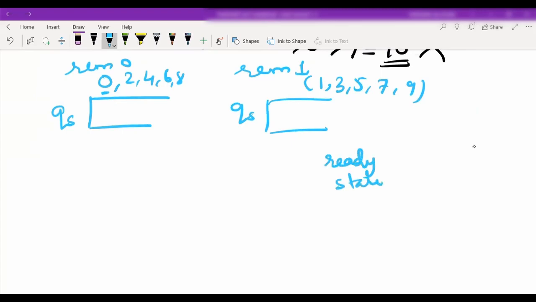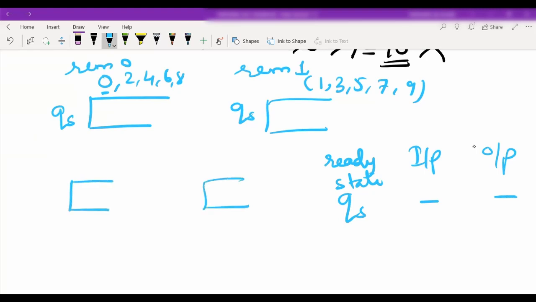This is the initial state, which we will write here. This is the ready state. What kind of input is represented by the initial state? Nothing. What kind of output is generated by the initial state? Nothing. This is the Q state, the ready state. Now we are going to consider this Q state. The first bit that we are taking is 0.